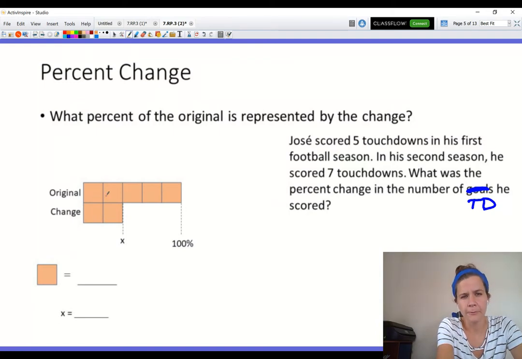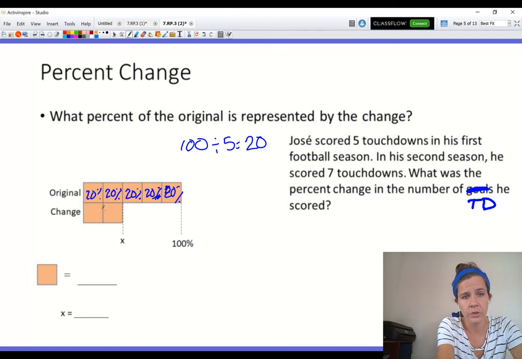So let's see, we want to talk about the original. We're always talking about the percent of the original. So if the 5 is 100%, how much is each of these blocks representing? It's representing 20. So this is 20%, 20%, 20%, 20%, and 20%.